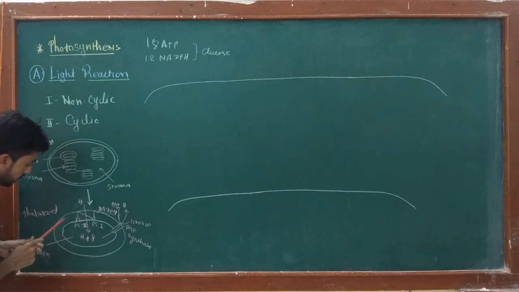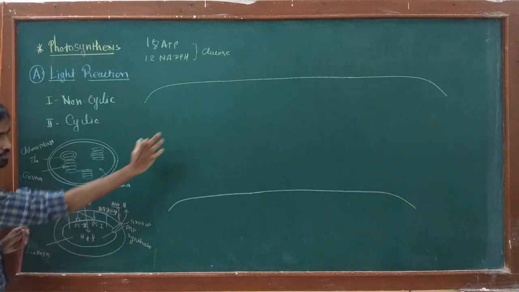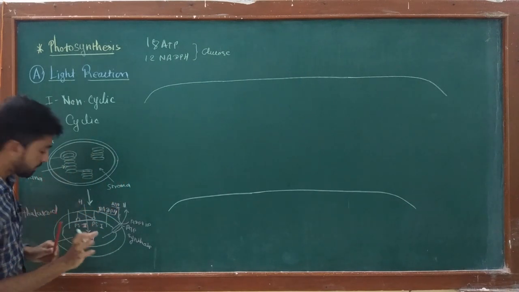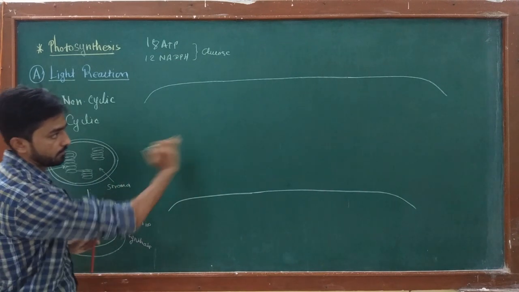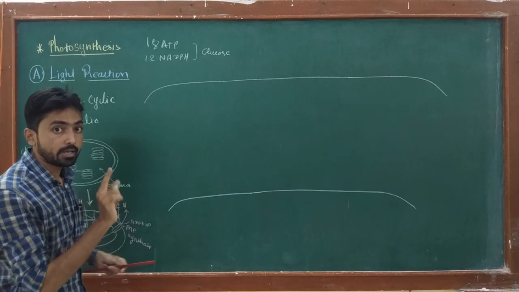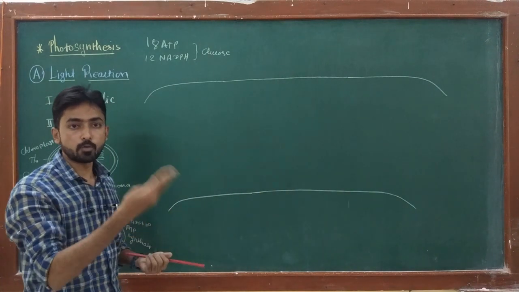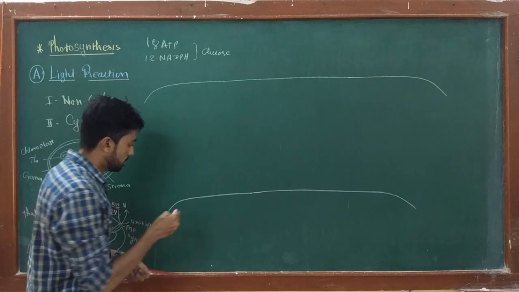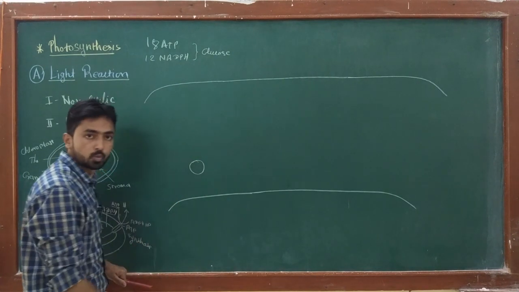Now this portion of the thylakoid membrane I have enlarged here for the understanding purpose. Now I'm going to show you how exactly photosystems are located in the membrane and how the electron flow takes place. So first of all, this is photosystem 2.